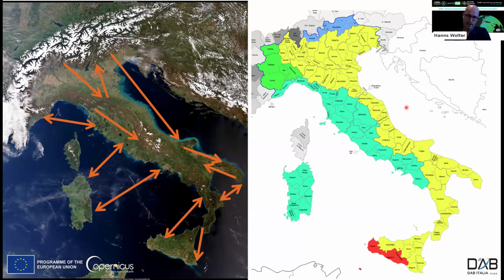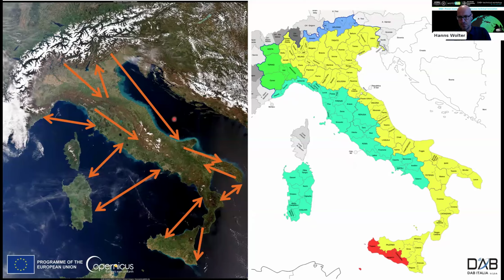And this creates, as you can see on the left side, a lot of SFN issues, which Les has already covered very well, due to the big distances we have to cover here. The areas where you see the arrows exceed the famous 73.8 kilometers.